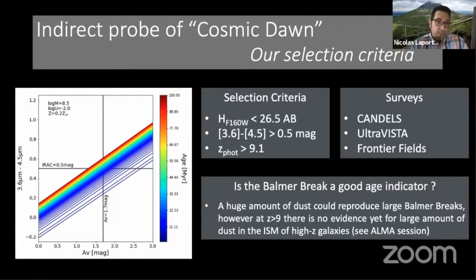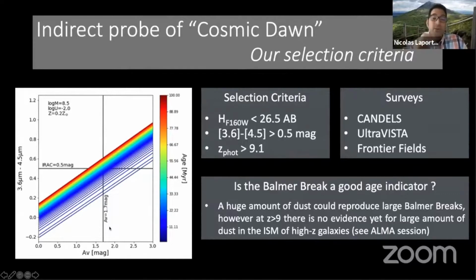So if we ask for at least 0.5 magnitude for the Balmer break, and if we remove all the old stellar population solutions, the color bar here is typically the age of your stellar population. So you see that if we remove all the old stellar population, let's say all the solutions with an age larger than 20 megayears, then we need a reddening of at least 1.7 magnitude, which is a huge reddening at high redshift.